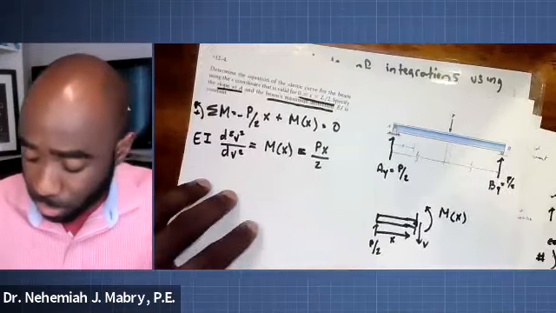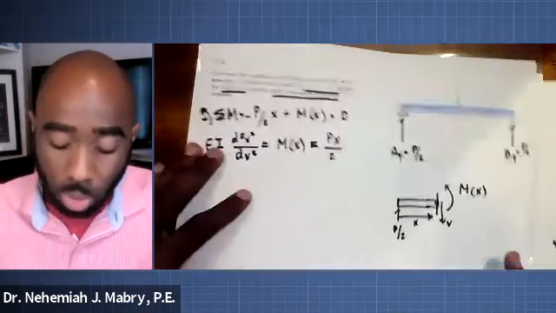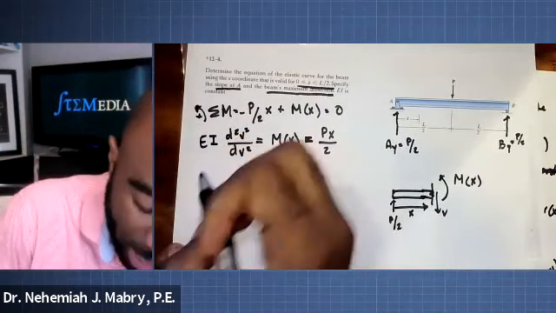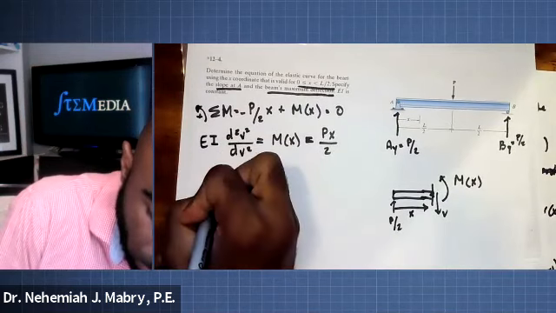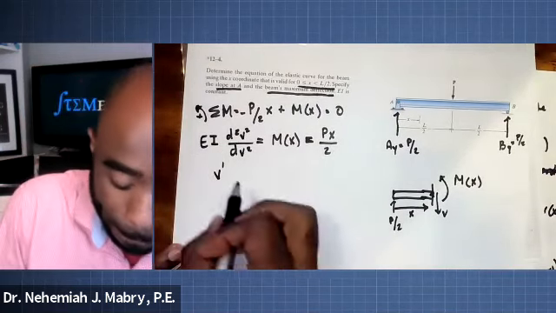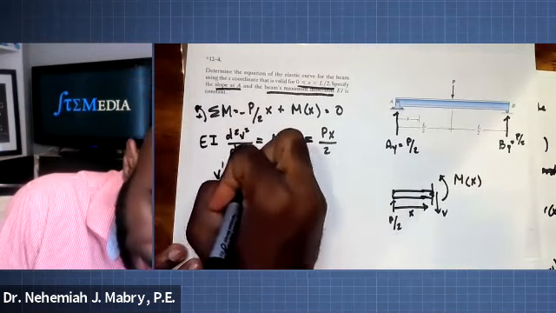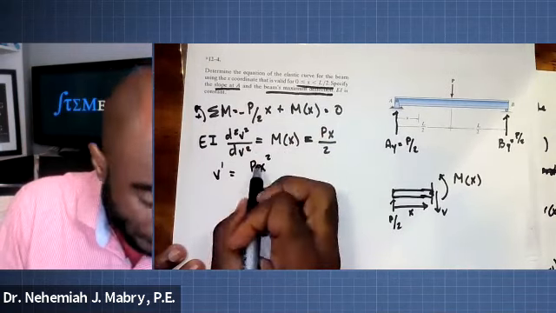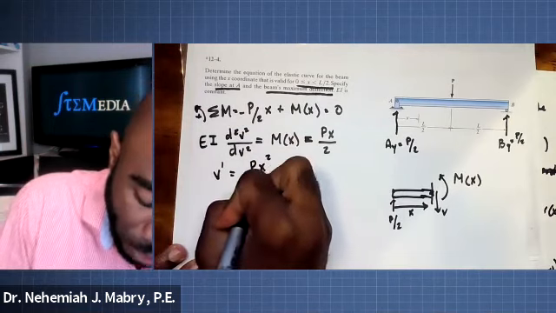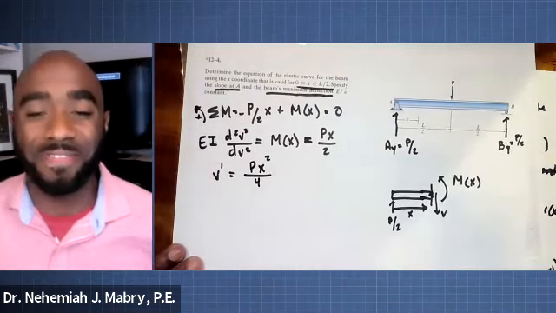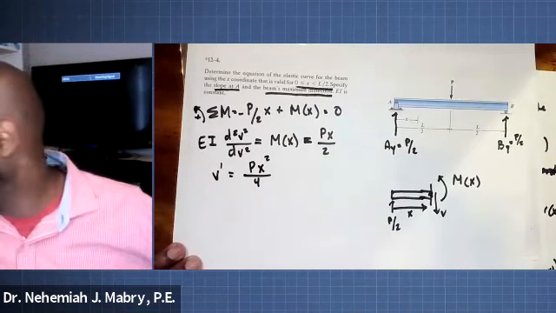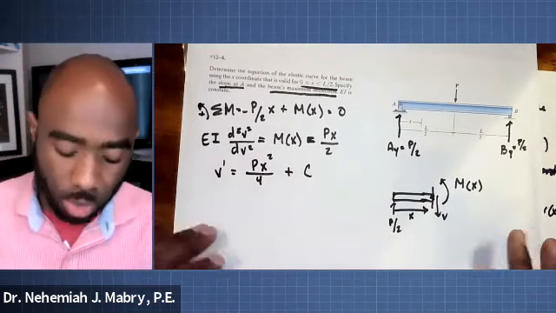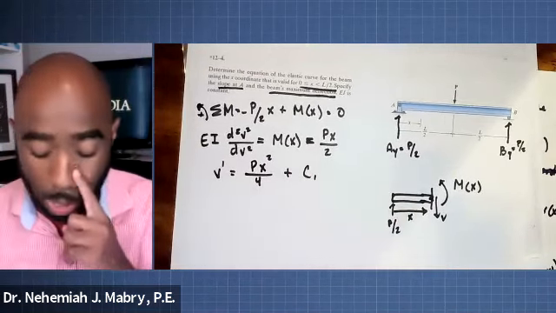So the first antiderivative, which we know will be the first derivative of the deflected shape, v prime, would be P x squared divided by 4. This is calculus, y'all. Are we done? No, because we have to add plus C. And because we'll have multiple C's, we're going to call that C1. That's the equation for the slope.